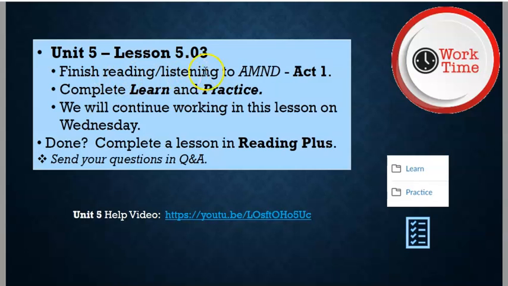You can finish reading or listening to A Midsummer Night's Dream Act 1, and then complete, learn, and practice. All right, and we will continue working in this lesson on Wednesday. When you're done with that, you can complete a lesson in Reading Plus and use the Unit 5 help video to help you find the lesson if you need to.